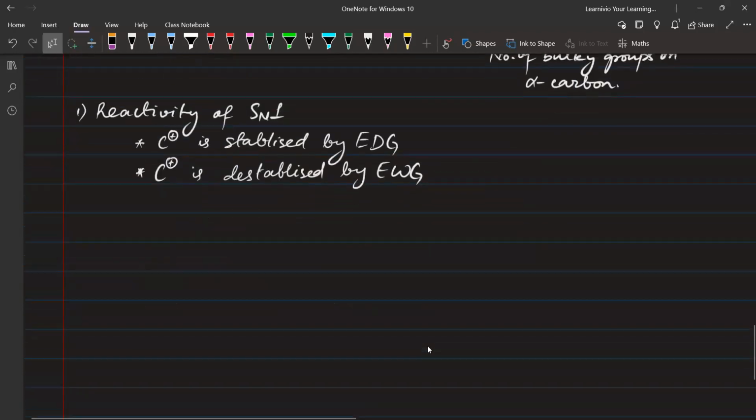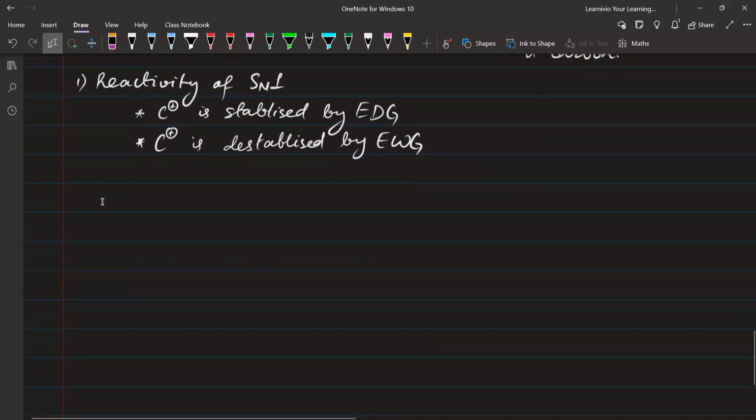So we can say that the stability of carbocation is directly proportional to the plus M group, inversely proportional to the minus M group, and directly proportional to the plus I group and inversely proportional to the minus I group.